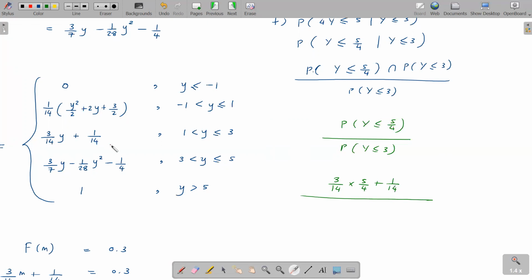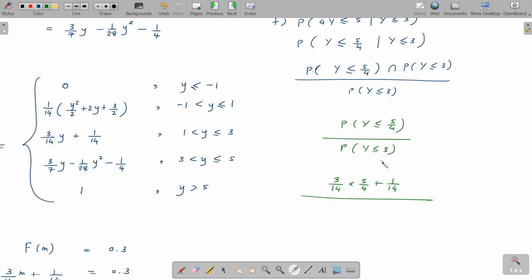Why did I replace it in this region? Because 5 over 4 is a y value, 1.25, and it falls between 1 and 3. Less than or equal to means the cumulative probability, so to find it, I have to go to the respective region and substitute y as 5 over 4.